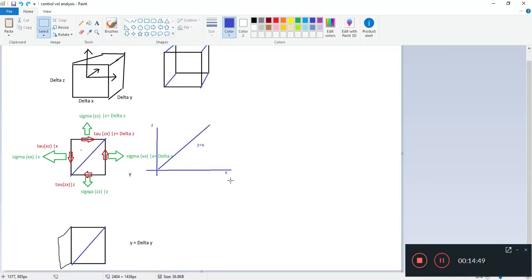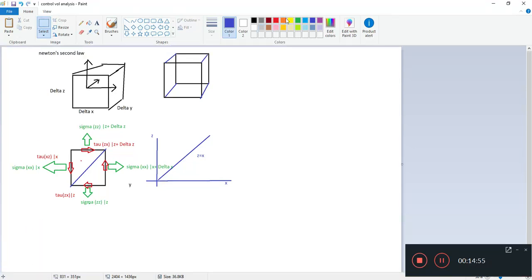Alright. So to do that, it's very simple. We consider the xy plane. We just consider this plane. Let's draw it here. We consider this plane or this plane. So when we consider this plane, x is this direction, y is this direction, z is this direction.